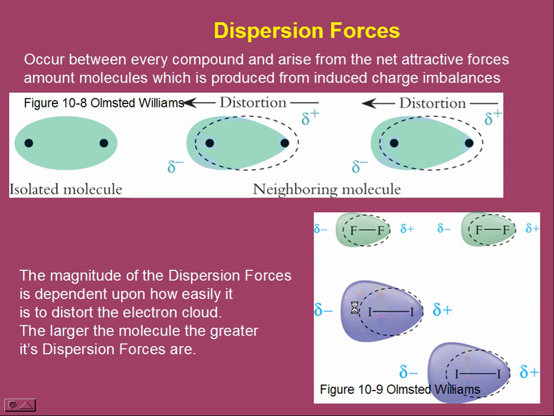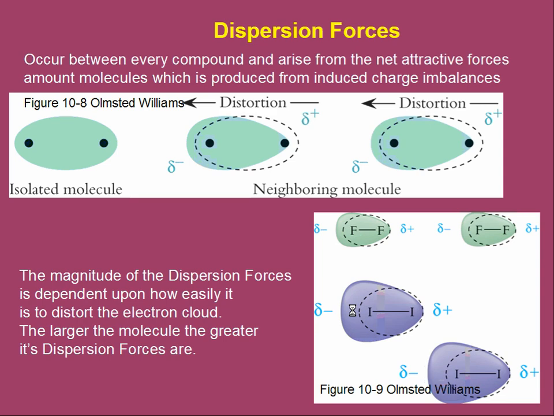Maybe at a moment these electrons were hanging out more on this side. Because of this slight negative and this slight positive that's very instantaneous, this I2 could actually be attracted to that other I2 down there, and that F2 could actually be attracted to that other F2 up there. So what you really need to know about London dispersion is everything has London, but if it's nonpolar, then that's all it's got going for it.